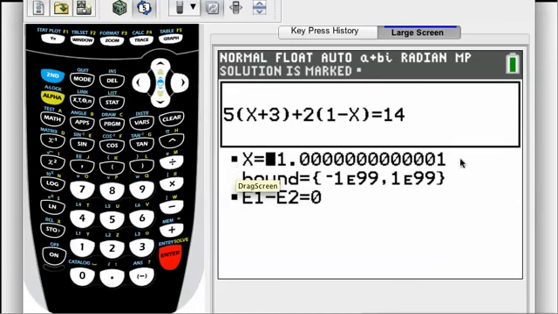Now, as you notice, sometimes you get round-off error: -1.000001, okay? Sometimes that can occur. That's the limitation of the internal digital circuitry of the calculator. So just in your head, you can round it to -1.